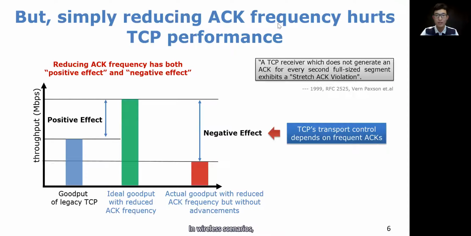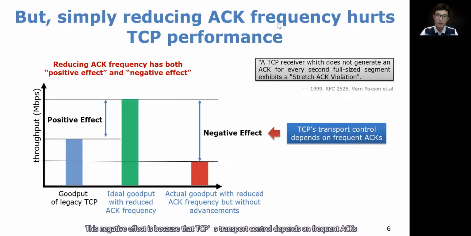In wireless scenarios, reducing ACK frequency has a positive effect on the transport performance due to the reduced contentions. Unfortunately, simply reducing ACK frequency hurts TCP performance, which is called the negative effect.